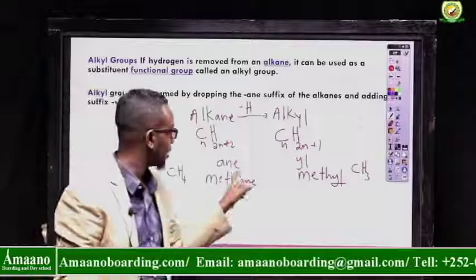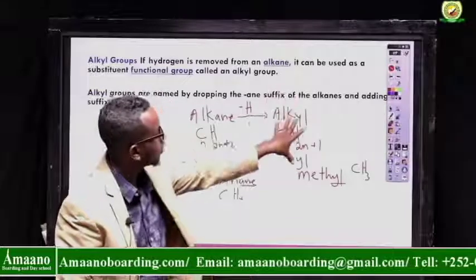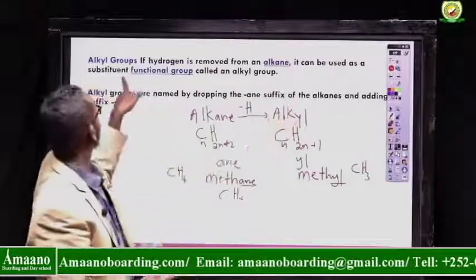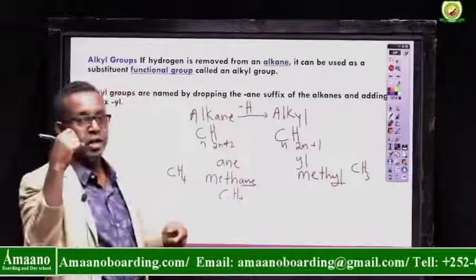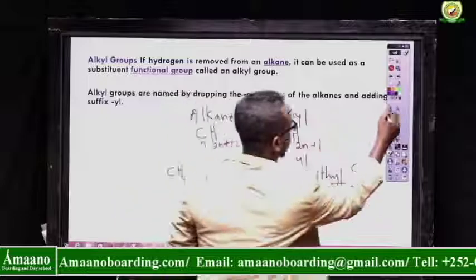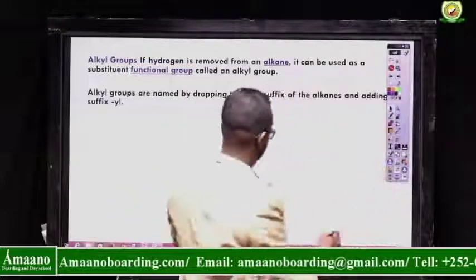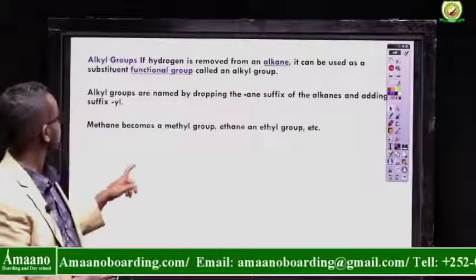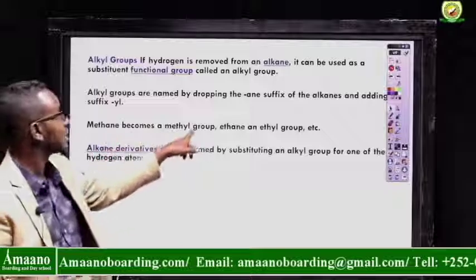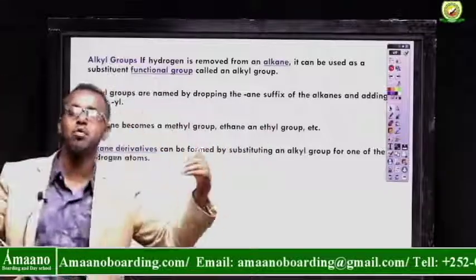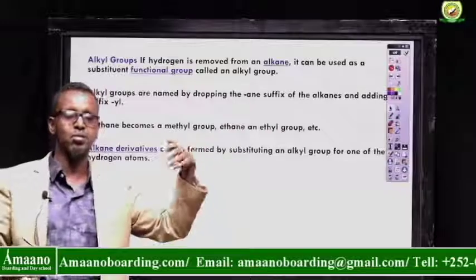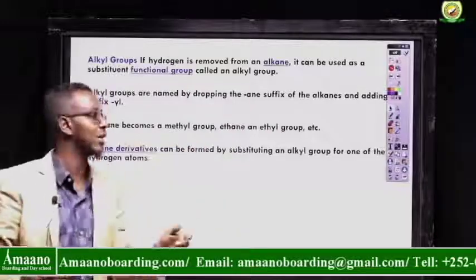So this is called an alkyl group or R group. They are always substituents, branched side chains. So methane becomes methyl group, ethane becomes ethyl group, etc. Propane becomes propyl, butane butyl, pentane pentyl.